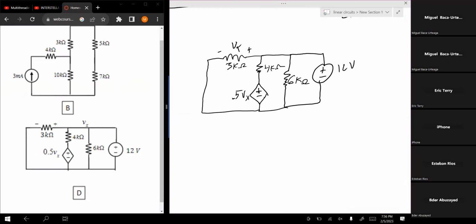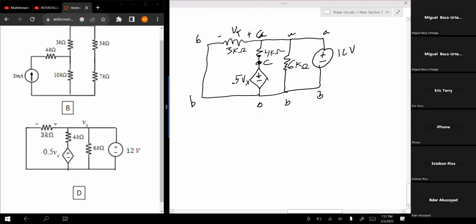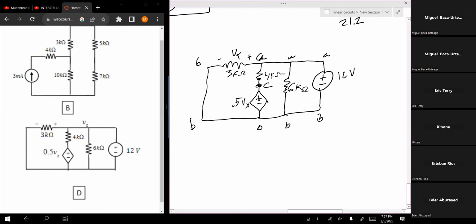First things first, let's go through this question and label all of the nodes here. So we have node A, and then we have B out here. And then we have one more in here, and that's going to be node C. One of the things is that when you're simplifying this circuit, you find the current through a branch.